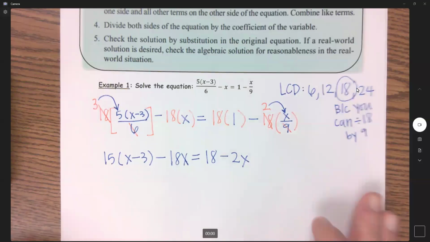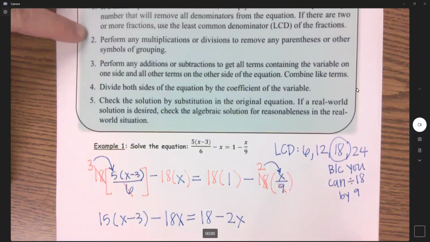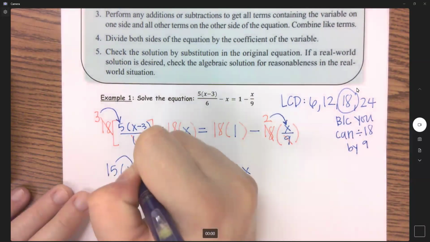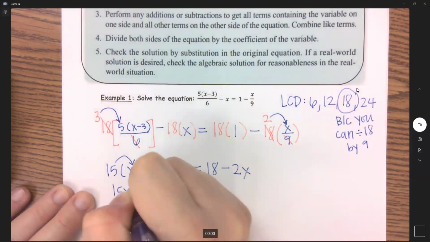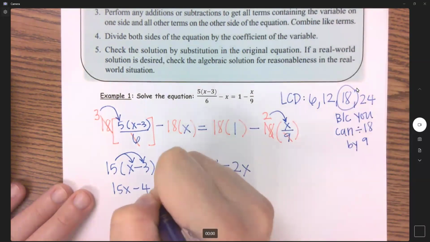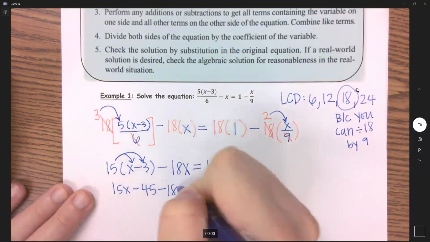solve like normal. So the next step here is to perform any multiplication or division to remove any parentheses or other symbols of grouping. So let's distribute right here. 15 times x is 15x. And 15 times -3 is -45. Bring everything else down.